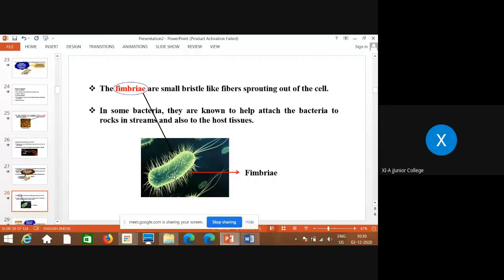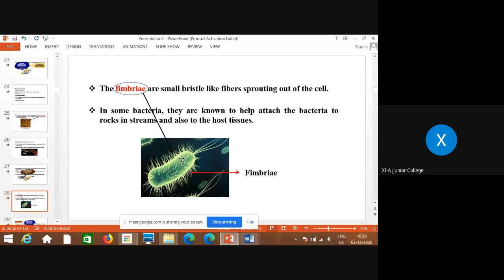Just like flagellum, which gives motility, movement from one place to another, pili are also protective, help in attachment, and sometimes help in movement. But the flagellum's more important function is motility.